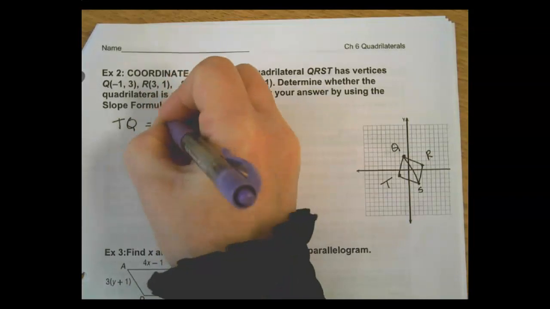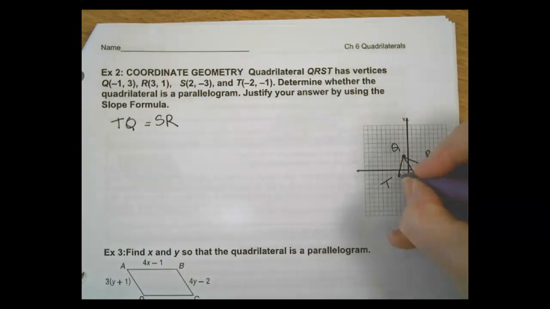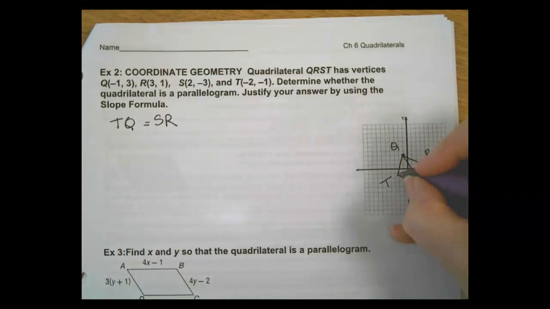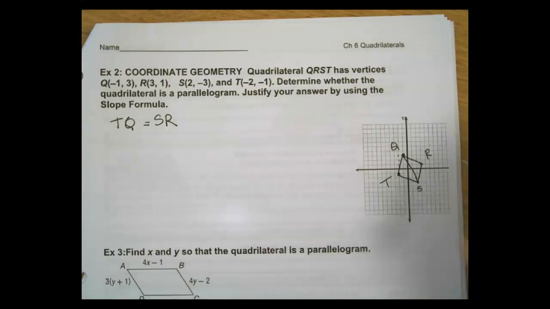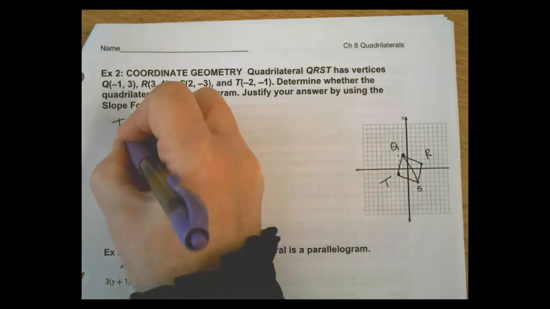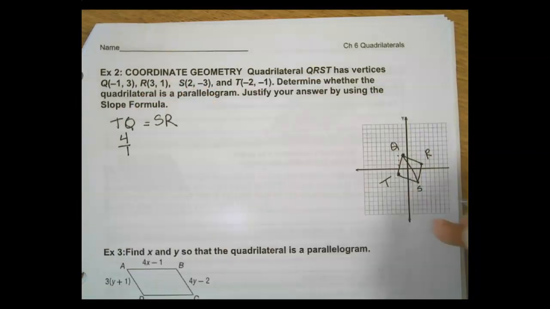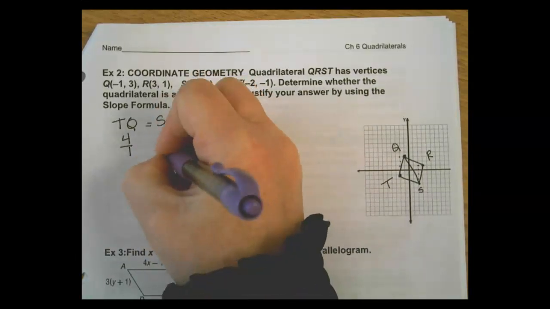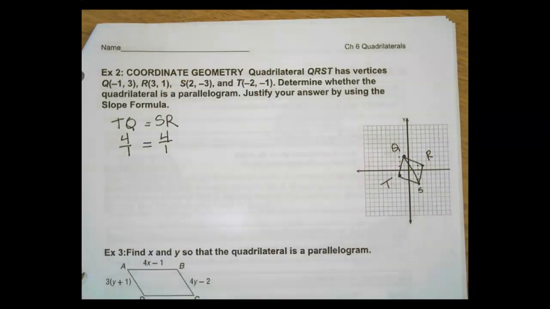That's what we're claiming. So T to Q, it would be the same thing as finding the Pythagorean theorem. So that's up 4 over 1. How about S to R? Up 4 over 1. They are equal to each other.